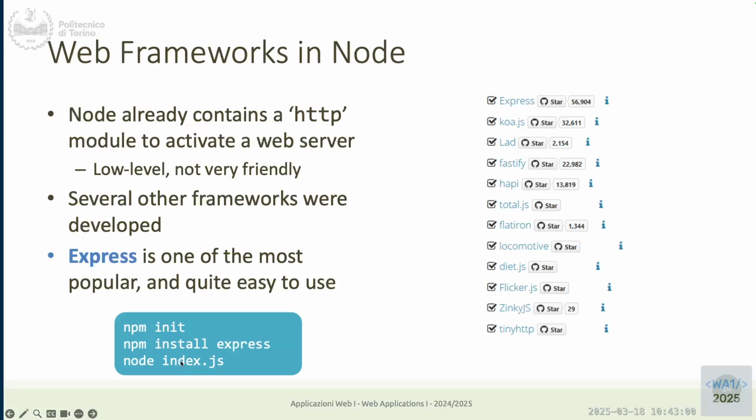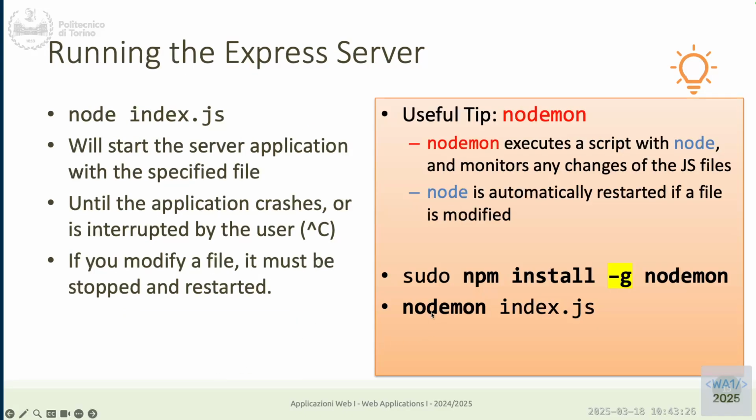To run the application, we just write some code into a JavaScript file and run it with Node. The server is something that will keep running, and maybe we will keep changing it. If I run something and I change some code, I should stop the server and run it again every time. That's why there's a quite useful tool called Nodemon, which stands for Node Monitor, which checks your source file, and whenever the file is modified, it will automatically stop and restart the application.